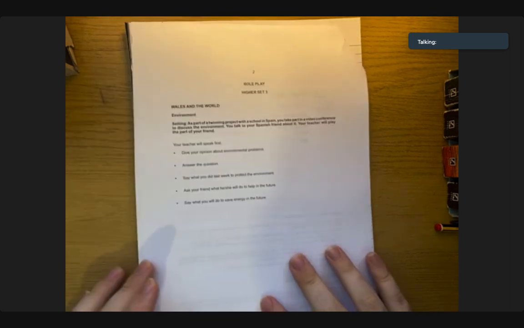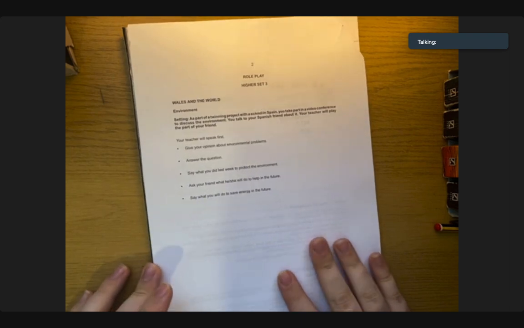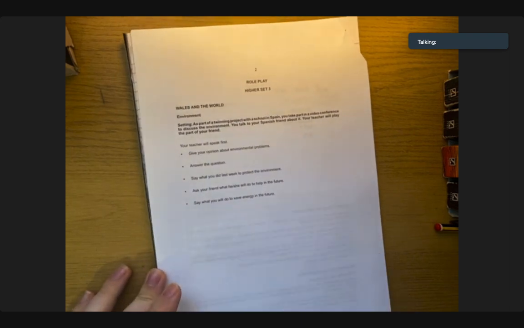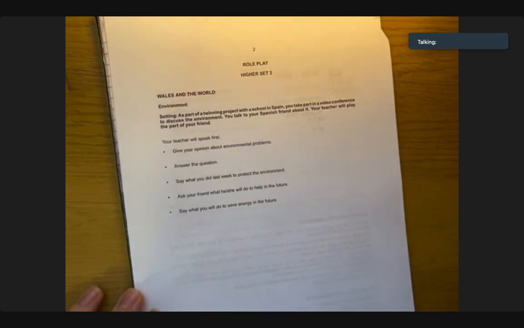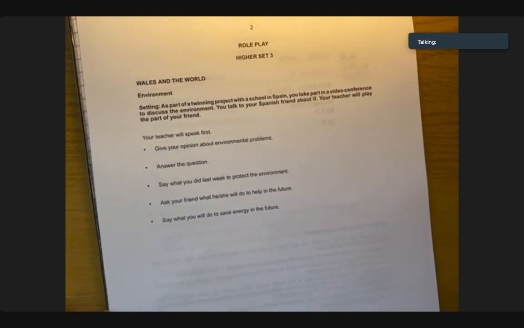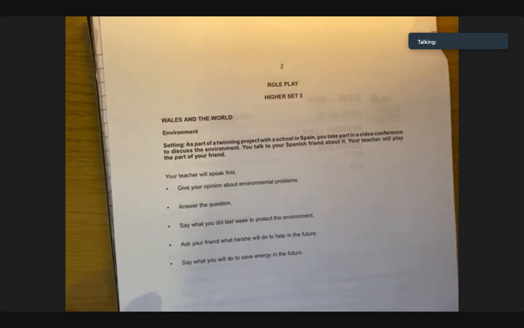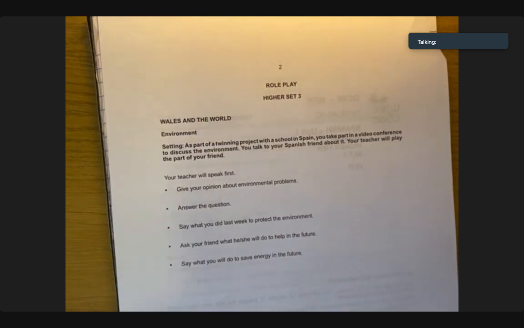And the first part of the Spanish exam is always the role play. The role play is exactly as it is. You are speaking to your Spanish teacher who is usually playing the character of a Spanish friend or whatever.